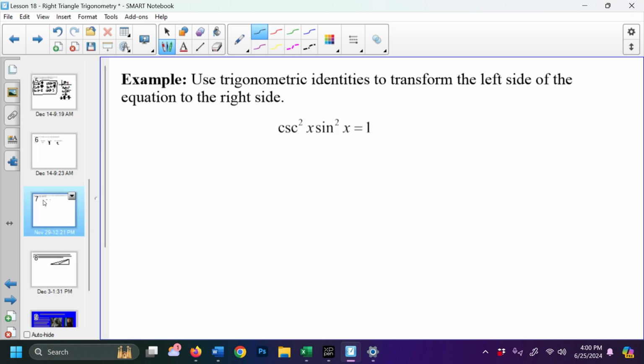That one's pretty easy. Next, it says use trigonometric identities to transform the left side of the equation to the right side of the equation. And we're going to be doing a lot of this in the next couple of lessons.